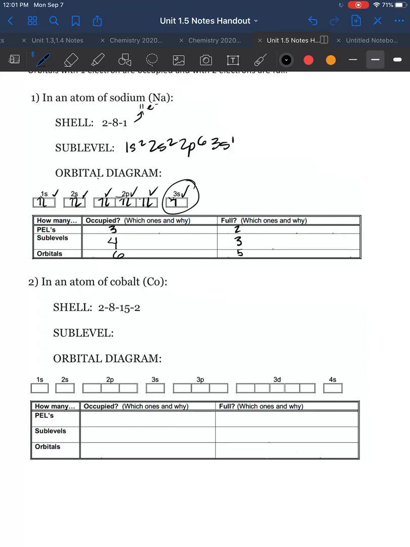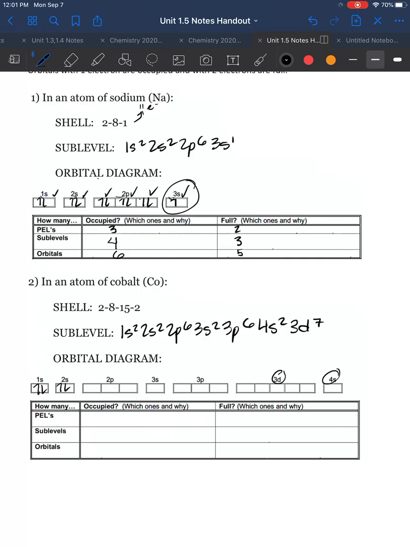Okay, so writing the sublevel, we have 1s2, 2s2, 2p6, 3s2, 3p6, 4s2, 3d7. So if we're filling in the orbital diagram, pay attention that this one's weird because they put the 4s after.